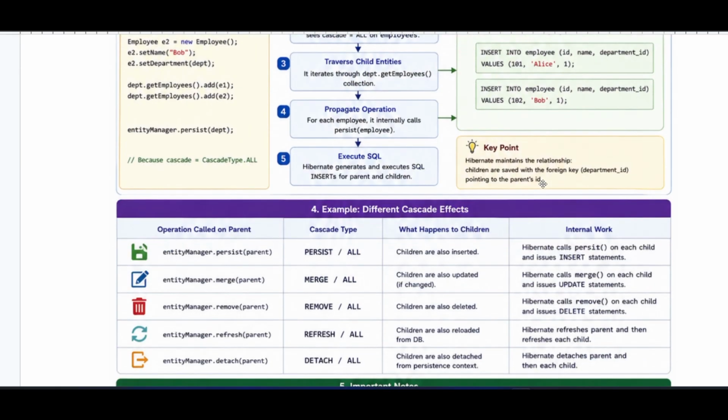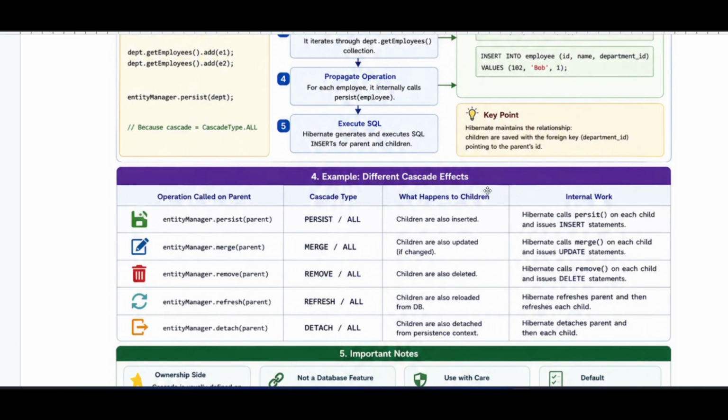We need not worry. Hibernate will maintain everything. Hibernate maintains the relationship. Children are saved with the foreign key department_id pointing to the parent ID.